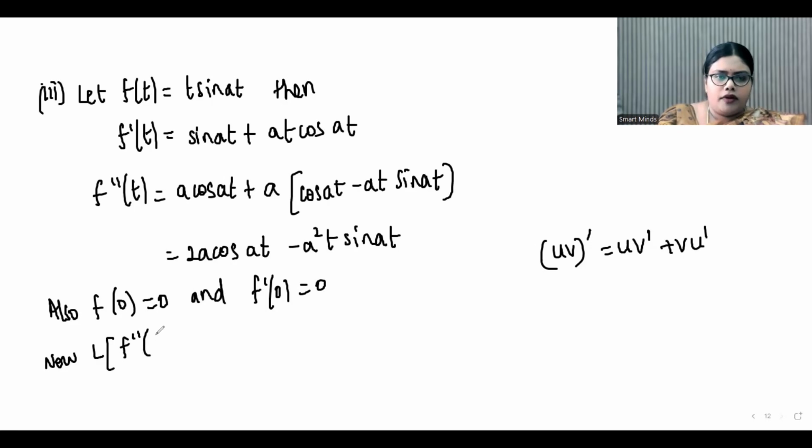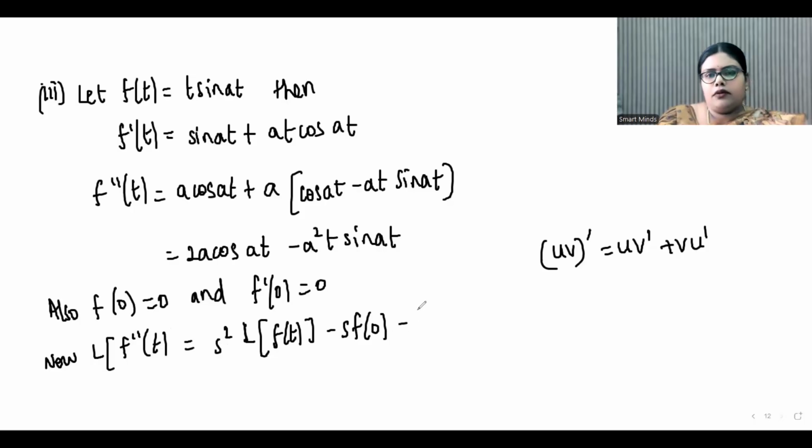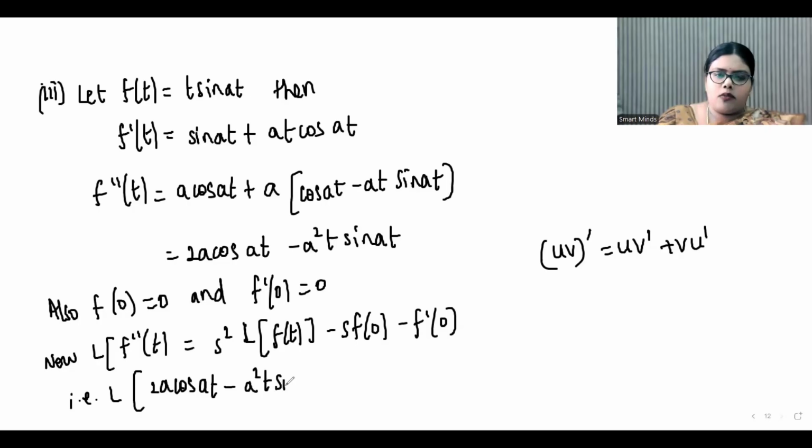Now L of f double dash of t is s square L of f of t minus s f of 0 minus f dash of 0. That is L of 2a cos at minus a square t sine at is equal to s square L of t sine at minus 0 minus 0.